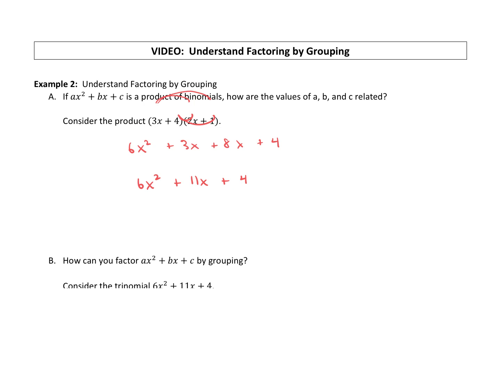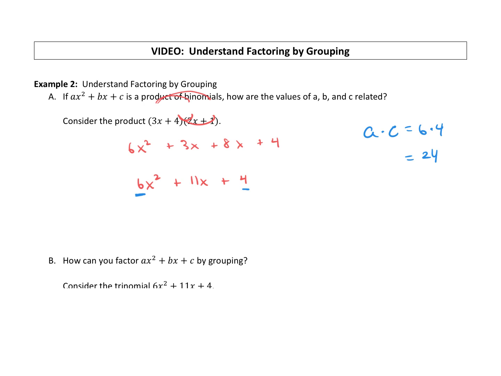All right, so we have a couple of things to just notice that we will apply moving forward. If we take our a times c, by the way, here's ax squared plus bx plus c, a times c is equal to 6 times 4, which equals 24.